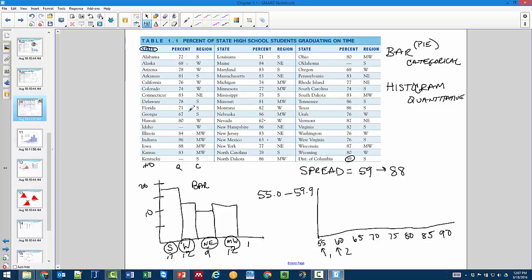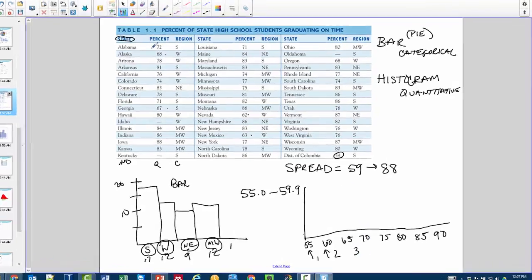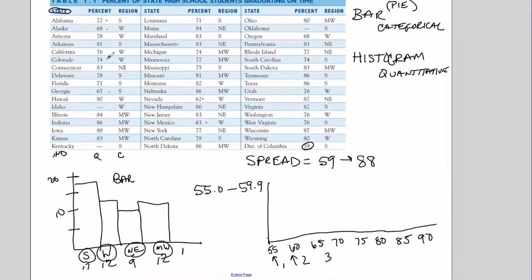There's 1, 2, 3, and I might miss something as I'm going through these. I'm not double checking it. Between 70 and 75, I've got 1, 2, 3, 4, 5.